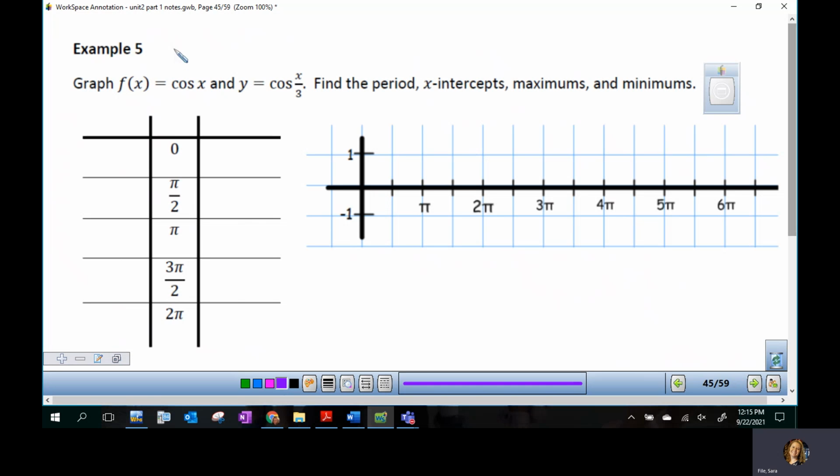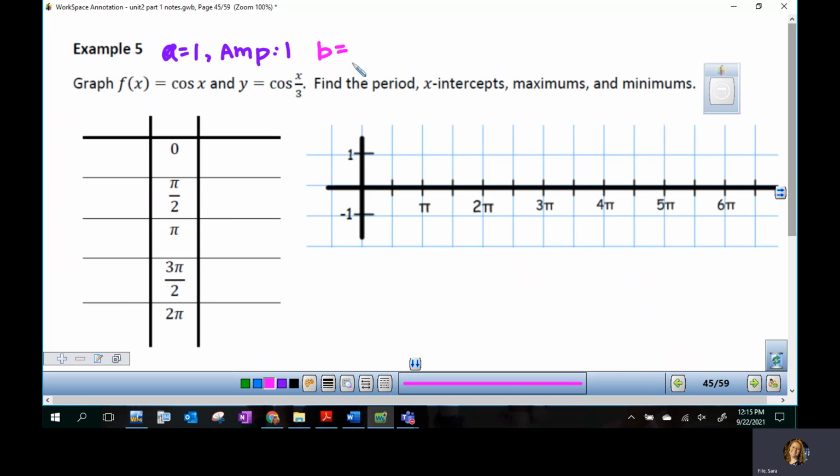What is your A? So the amplitude will be 1. Good. What is your B here? X is the variable. So X is not going to be part of the B value. The B is just a number. Nope, that's the trig function, just a number.